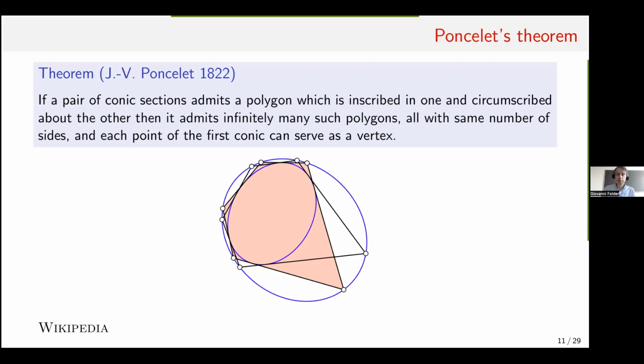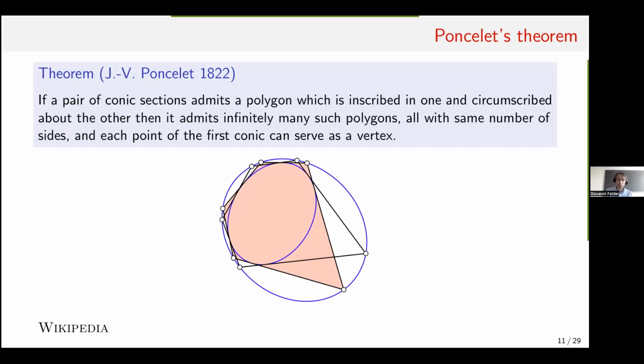If you have a pair of such conic sections which admits a polygon which is inscribed in one and circumscribed about the other, then it admits infinitely many such polygons, all with the same number of sides, and each point of the first conic can serve as a vertex.